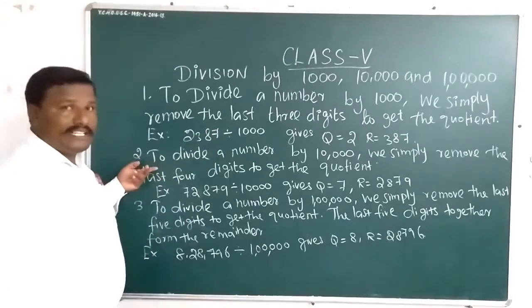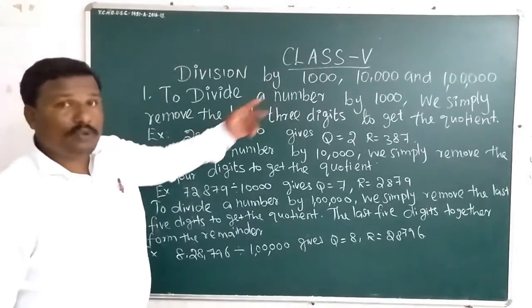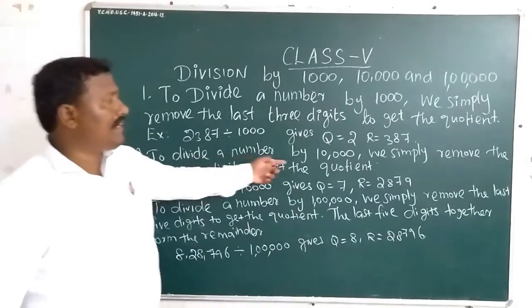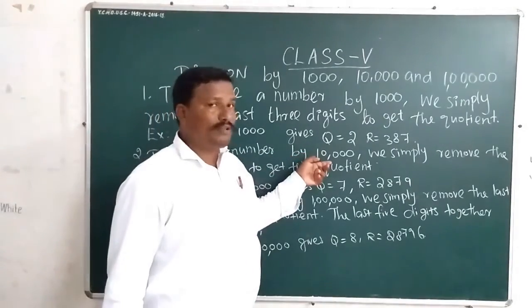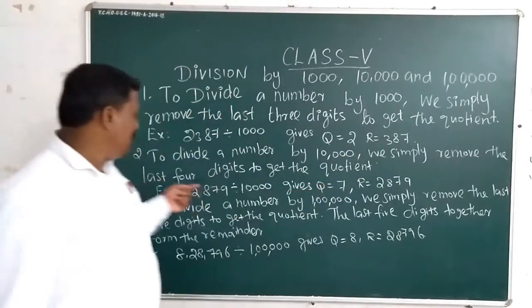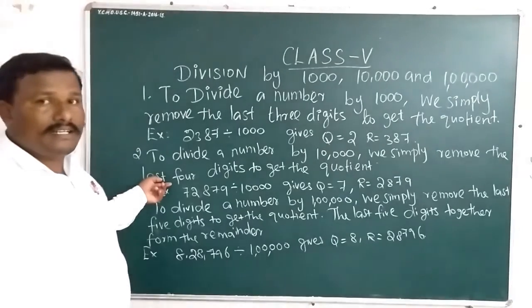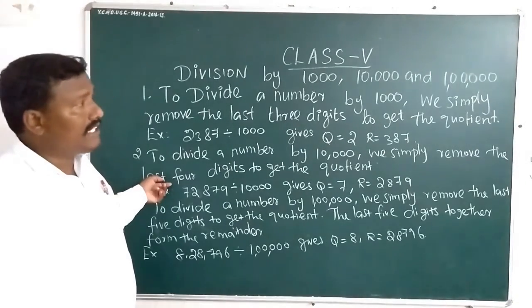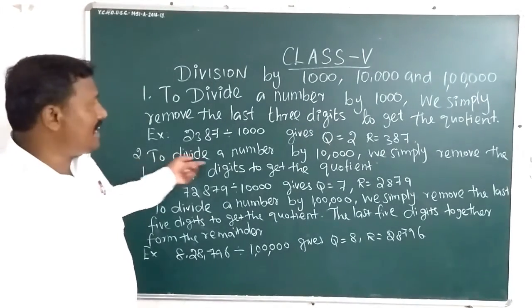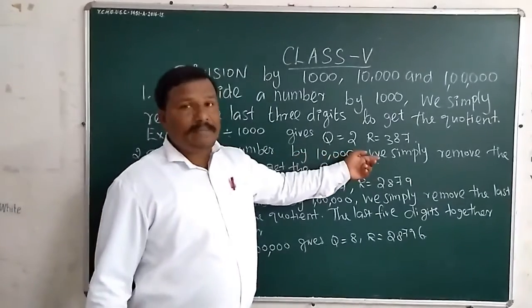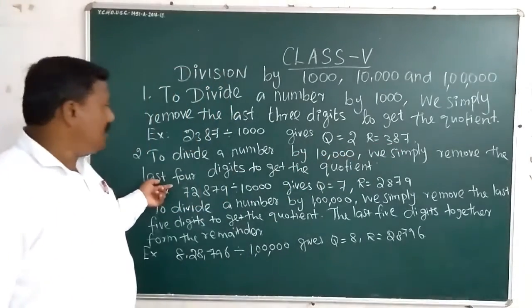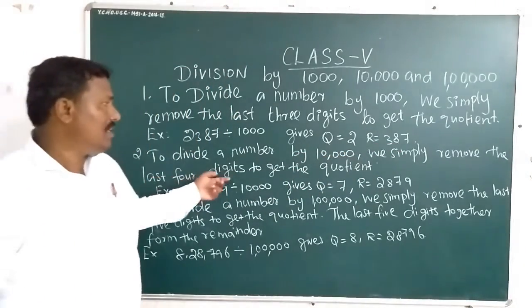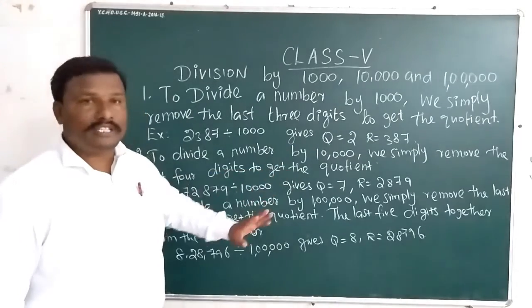Let me take another one. To divide a number by 10,000, we simply remove the last four digits to get the quotient.